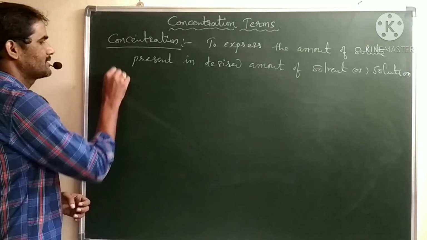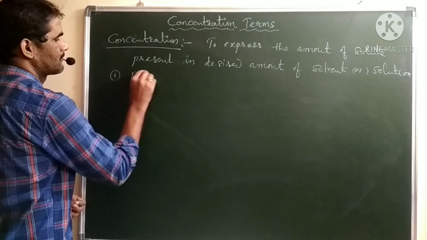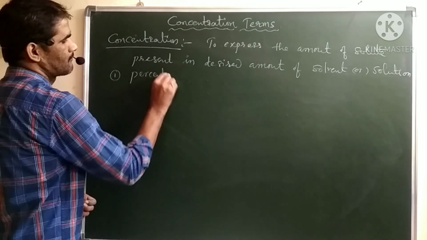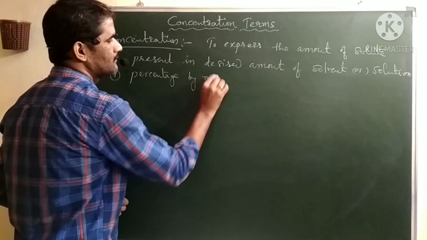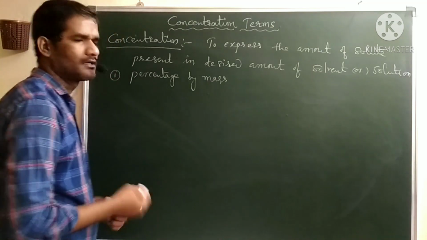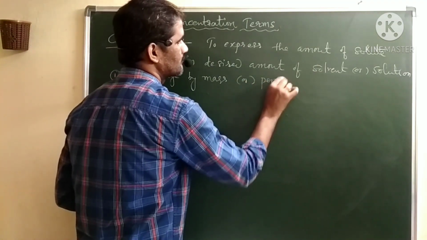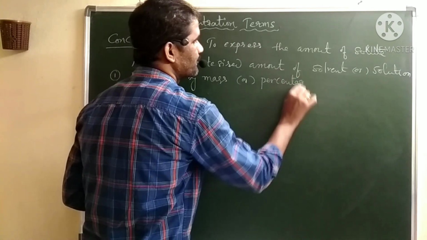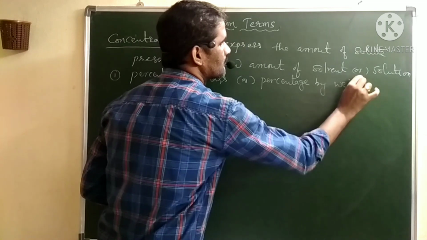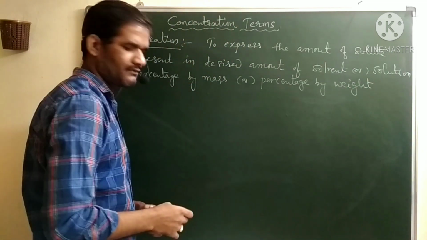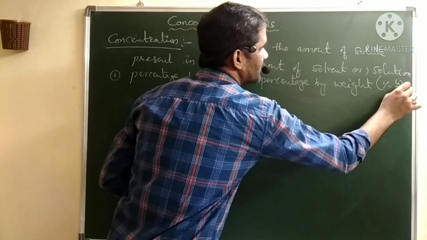In that, the first one is percentage by mass. This we can also sometimes call percentage by weight. Generally we represent it like this: percentage weight by weight.